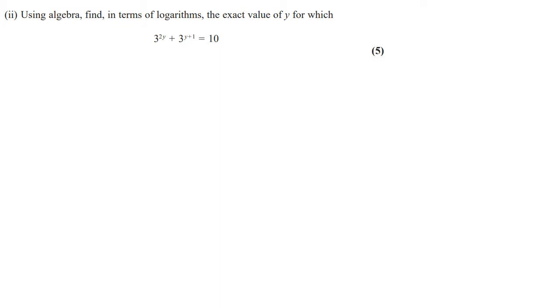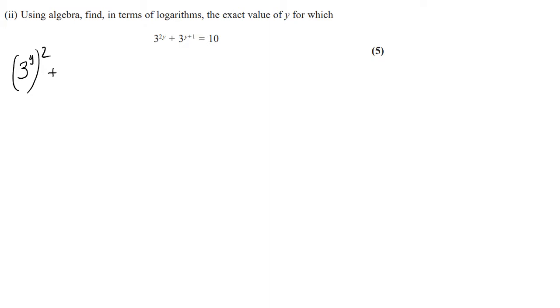So if we go straight into it, let's split it up. Using algebra, we're looking to make sure that we can identify each of the different things. So we have 3 to the power of y, squared, plus, using the rules of indices, you can split the powers, because they're multiplied together.